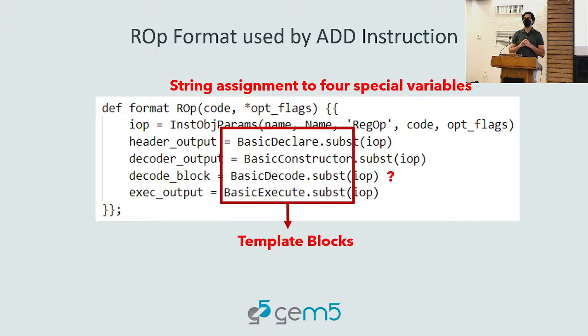But in the case of gem5, the ISA parser relies on this inst obj params class, which is really there to encapsulate certain characteristics of an instruction. You will specify some information, the ISA parser will itself come up with some other information about the instruction, and we'll use that information to substitute in those templates to give the final code. We'll look at some examples, so don't be too worried if not much of this made sense.